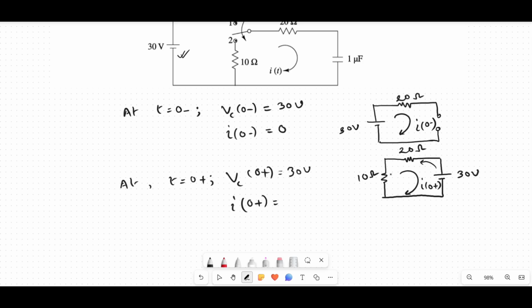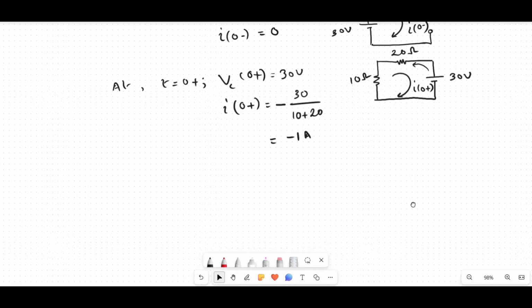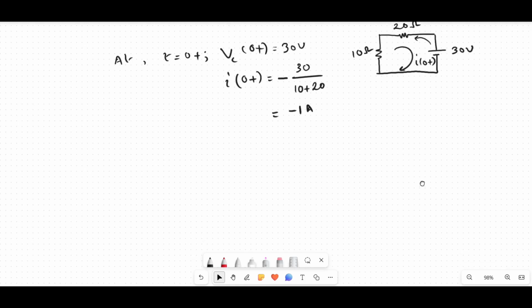So the value of i is V by R. The value of voltage is 30, the resistance values are 10 plus 20. So 30 by 30, the value is minus 1 ampere, right? So this is the value of current at 0 plus.